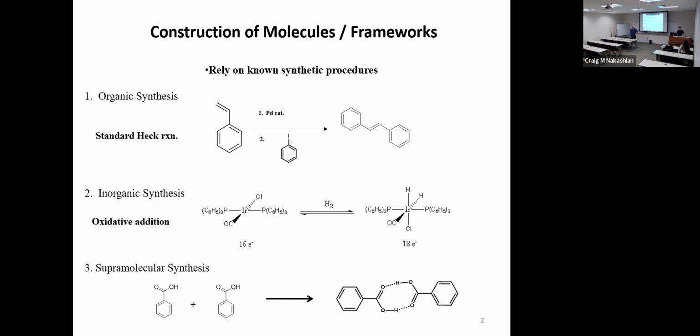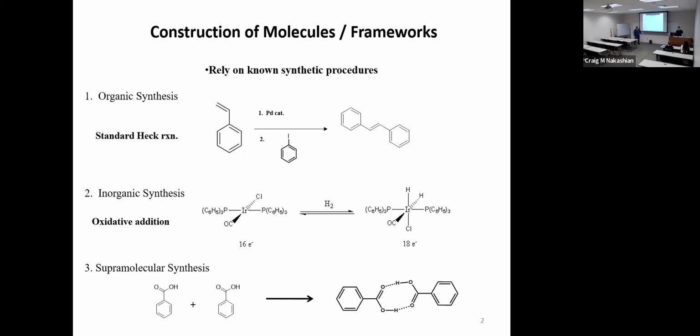And you see, we have a wide variety of things at our disposal, from basic organic chemistry. We chose a specific chemical reaction, but again, it could be any organic process. Here, like a Heck reaction, we can take a molecule called styrene and react it with a palladium catalyst and iodobenzene, and we can chemically couple those two together.